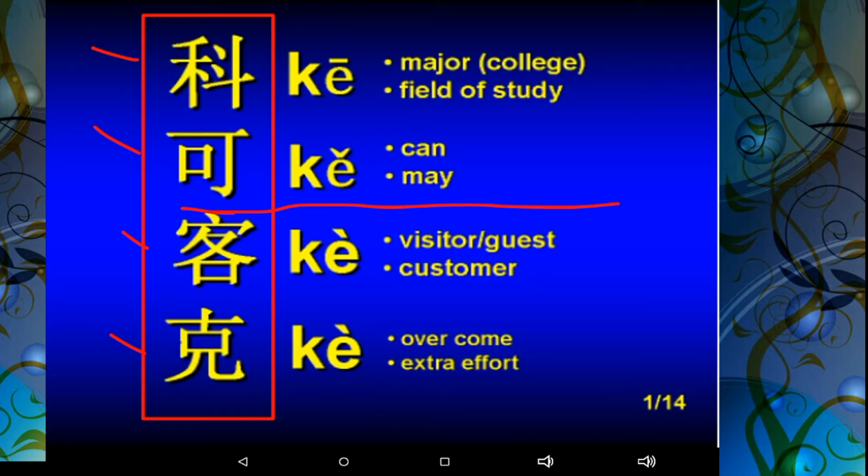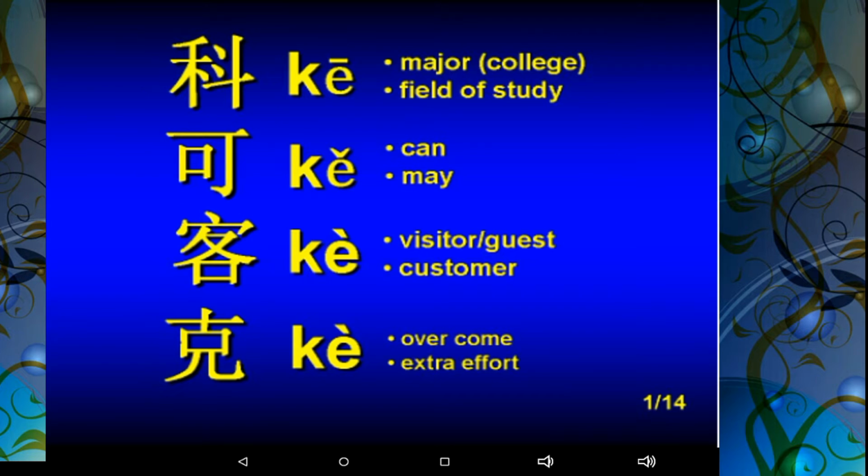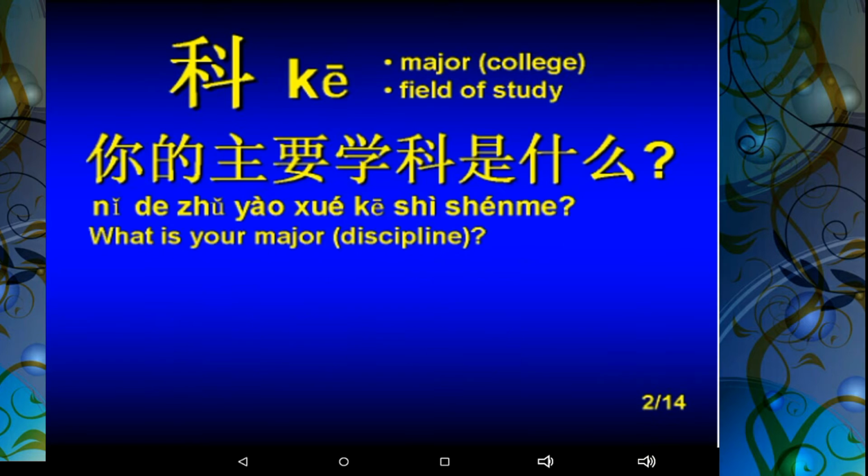That's a fourth tone character, a falling tone. And our next character we will study is ke. That is a fourth tone character, a falling tone. But as you can see, these characters are actually very different, and they have very different meanings. So having said all of this, let's get started.